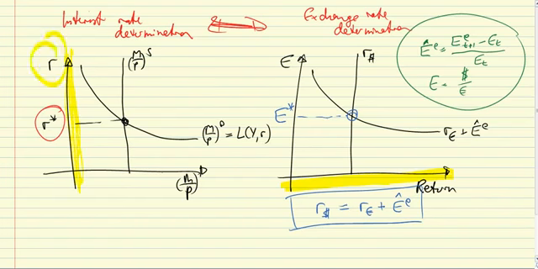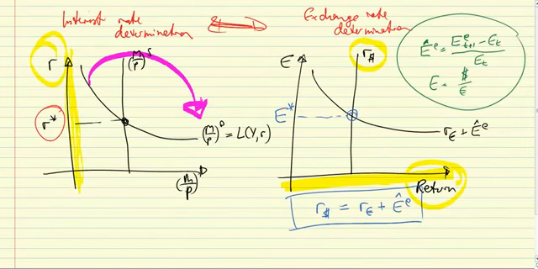We have here the interest rate, and here we have the dollar interest rate, so that we can in fact put the left hand graph on the bottom of the right hand graph by turning it 90 degrees towards the right. Let me go to a new page and show you how we'll do that.